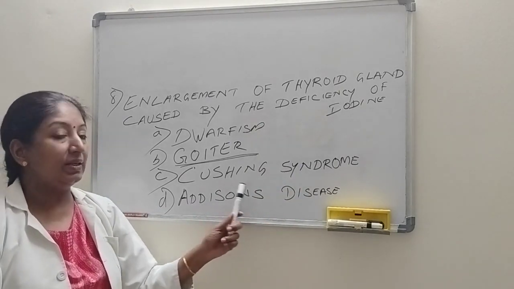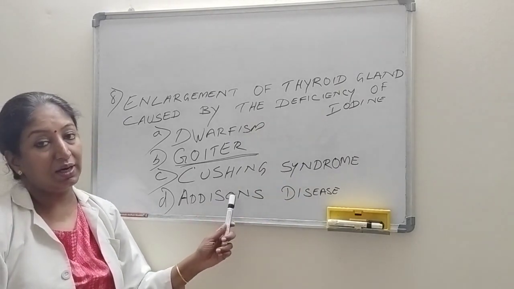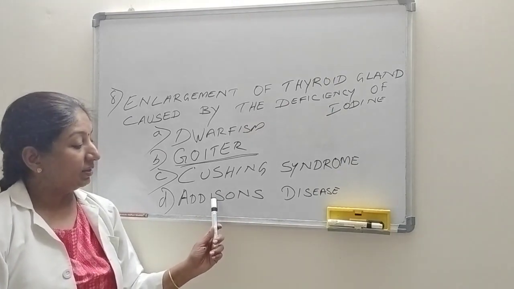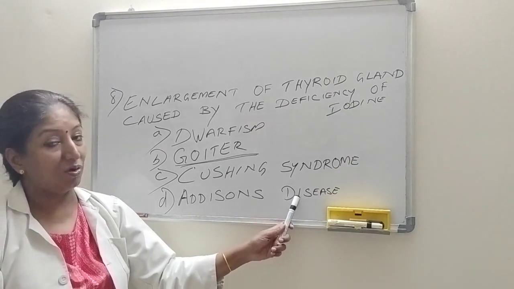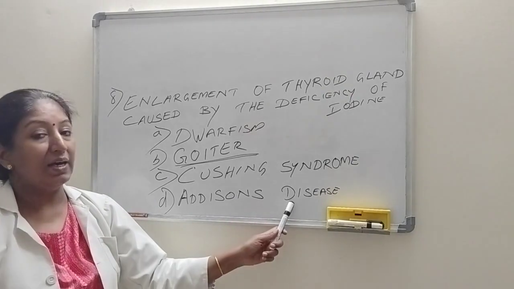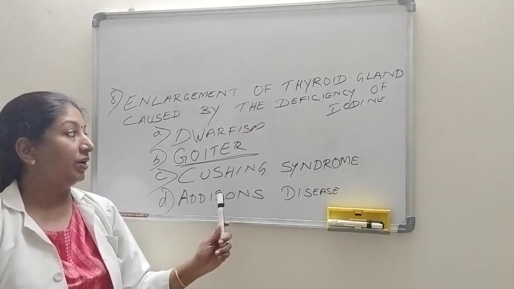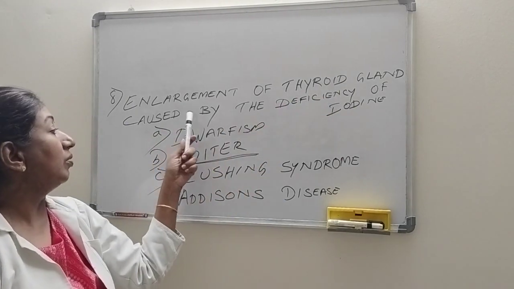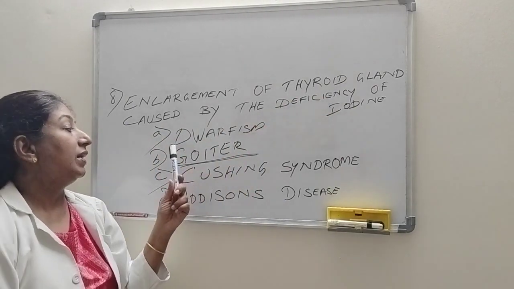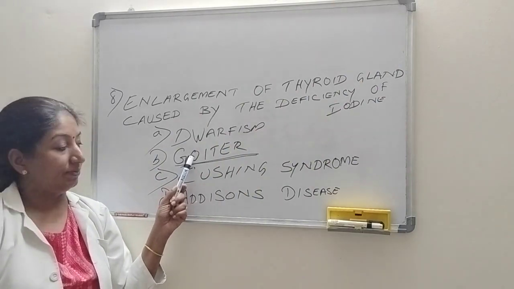Addison's disease is decreased production of cortisol. The adrenal gland doesn't produce enough amount of hormones like cortisol, aldosterone and so on, which results in Addison's disease. Okay, so the enlargement of the thyroid gland caused by the deficiency of iodine, the answer is goiter.